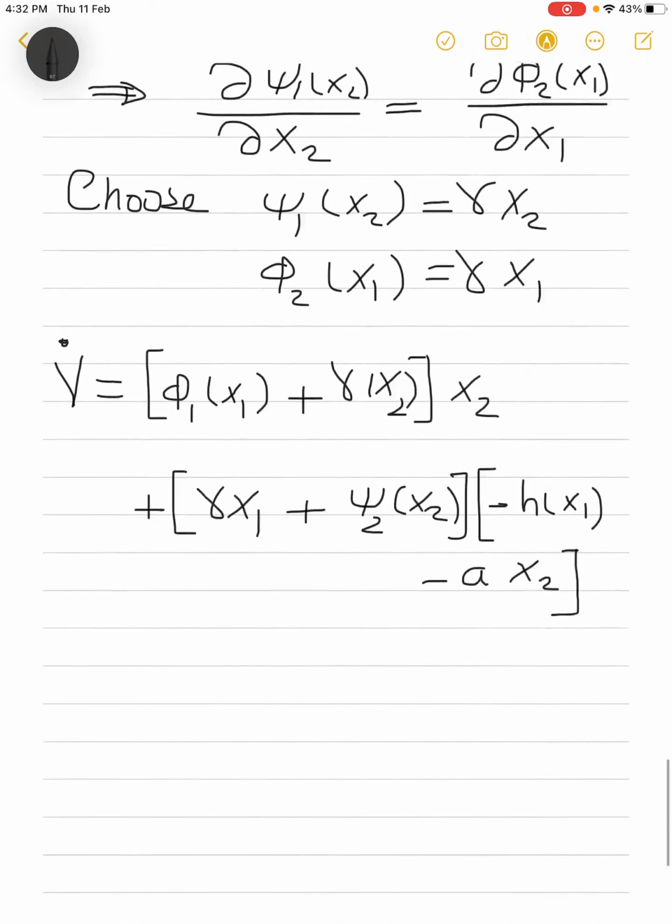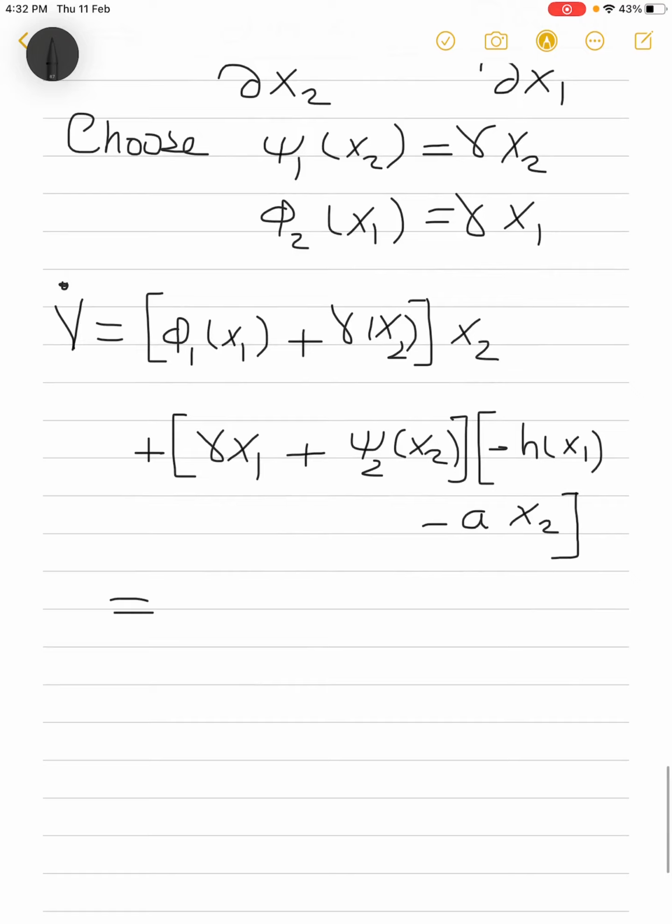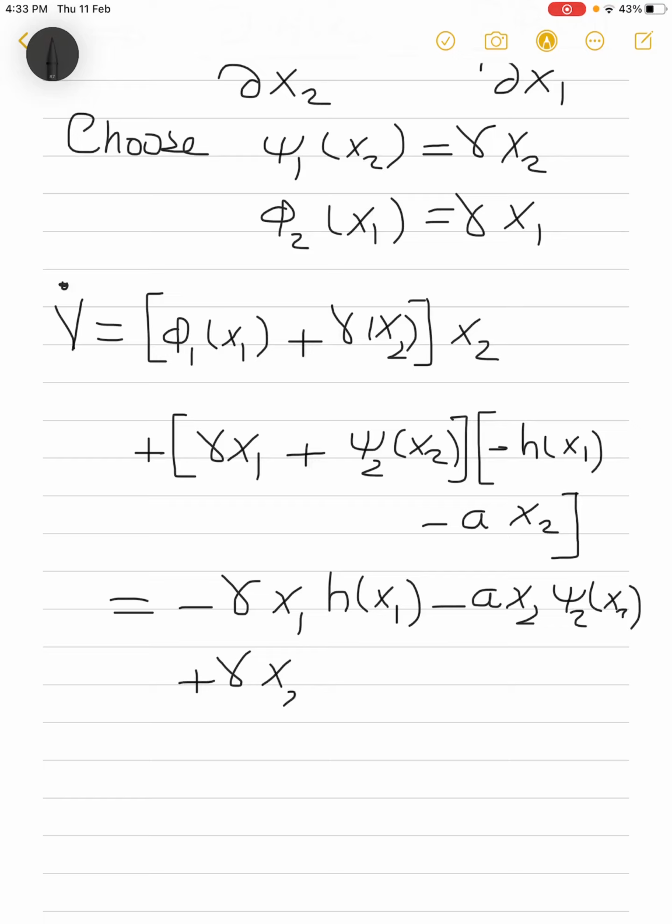Now we can do the multiplication, and I will arrange terms that have x1 only and x2 only together, and terms that have cross product of the two variables together. So that will give us minus gamma x1 times h of x1 minus a x2 psi 2 of x2 plus gamma x2 squared.